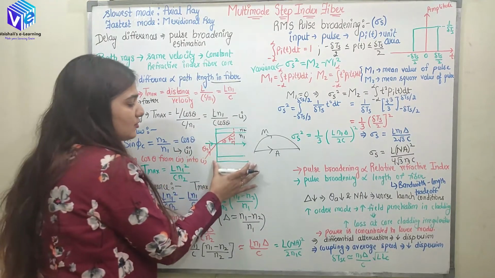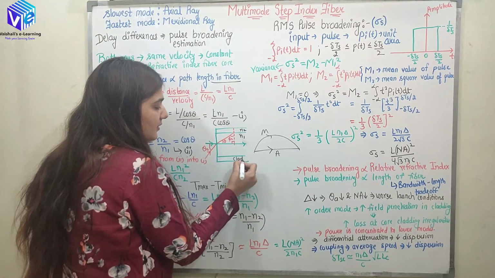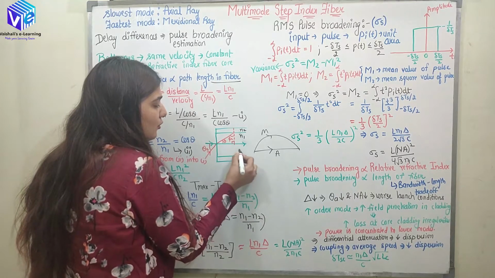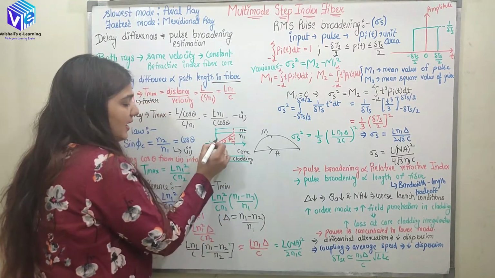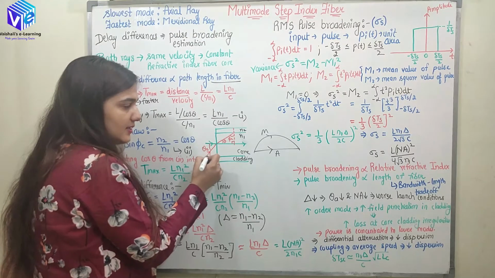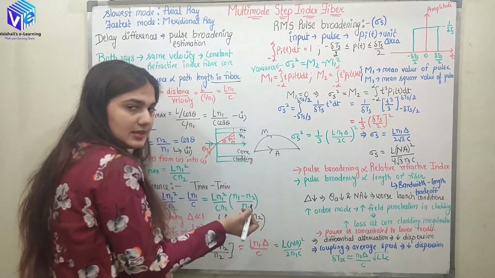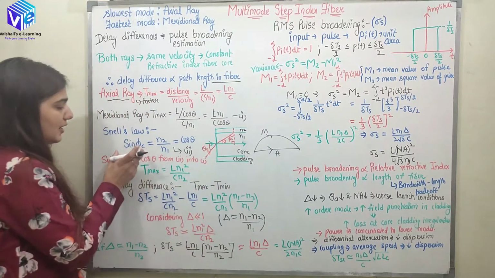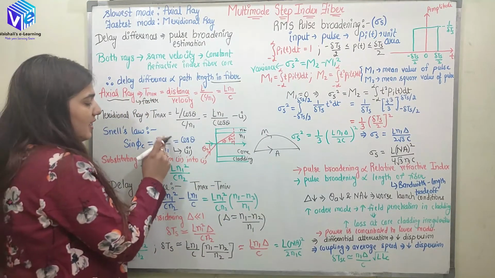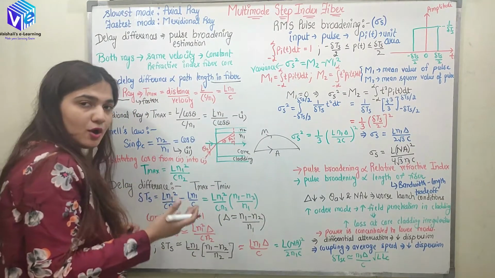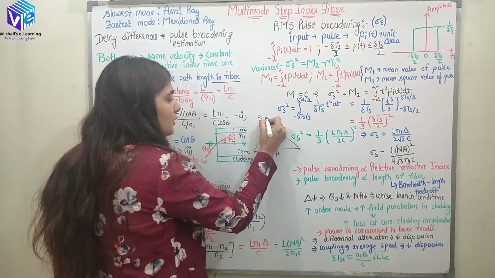Now when I see this optical fiber, this is cladding and this is core, and this is my theta A, the acceptance angle. Here this would be my theta, this is my phi c, right? So now I know sine phi c is n2 upon n1 because sine of 90 is equal to 1.